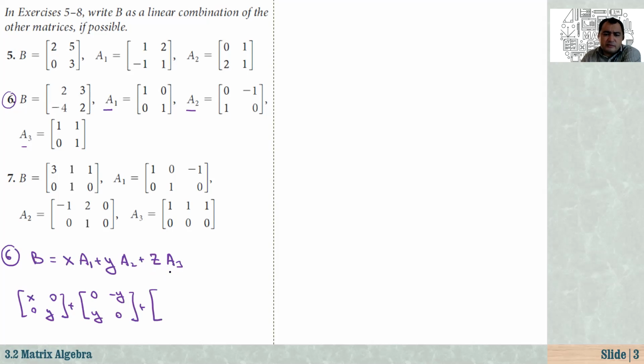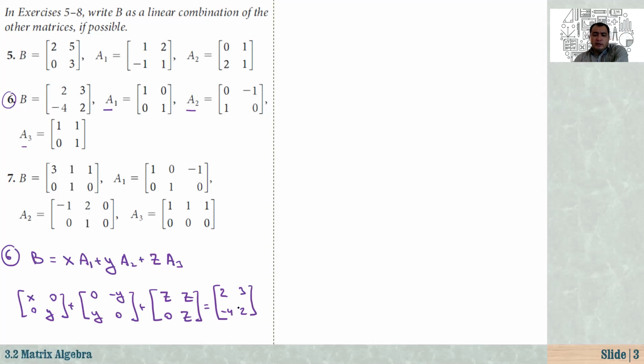Plus A3 multiplied by z gives z, z, 0, z. And on the right hand side we have B, that is 2, 3, negative 4, and 2.